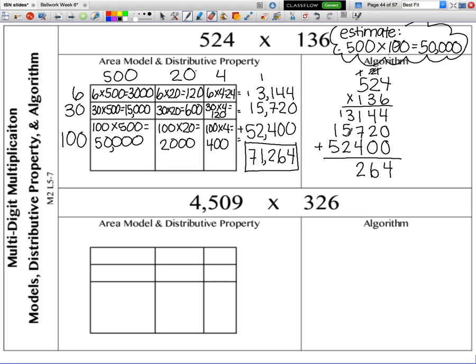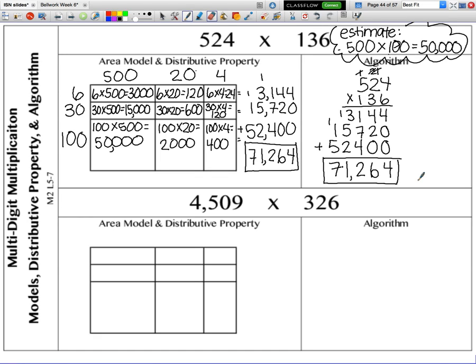Carry my 1. 5 plus 3 is 8. Plus 1 is 9. Plus 2 is 12. Wait, not 12. Rewind. 5 plus 2 is 7. Plus 3 is 10. Plus 1 is 11. My bad. Carry one more. 5 plus 1 is 6. Plus 1 is 7. So there we have our product of 71,264.